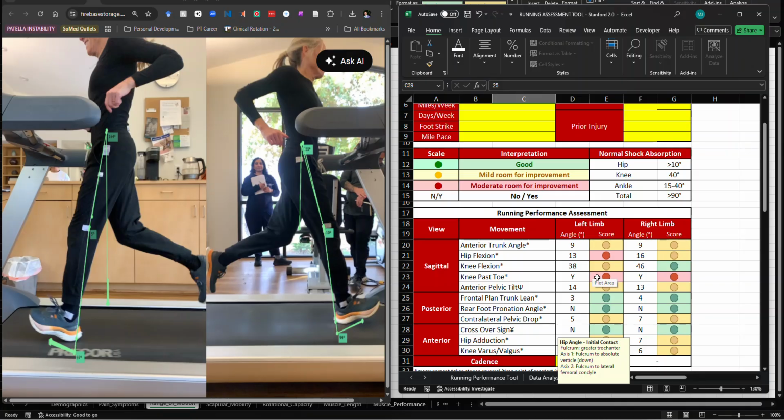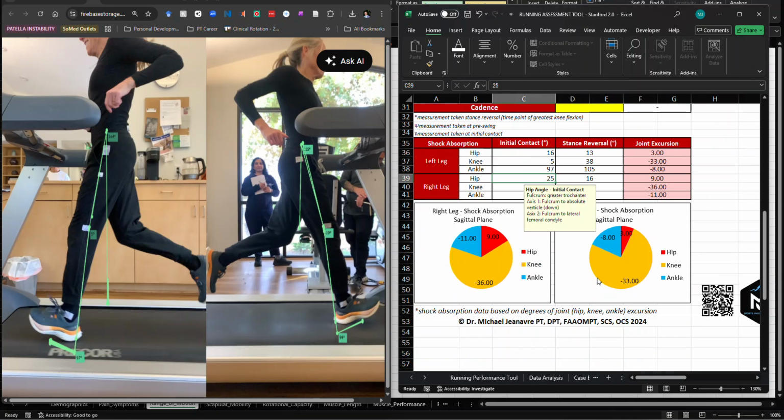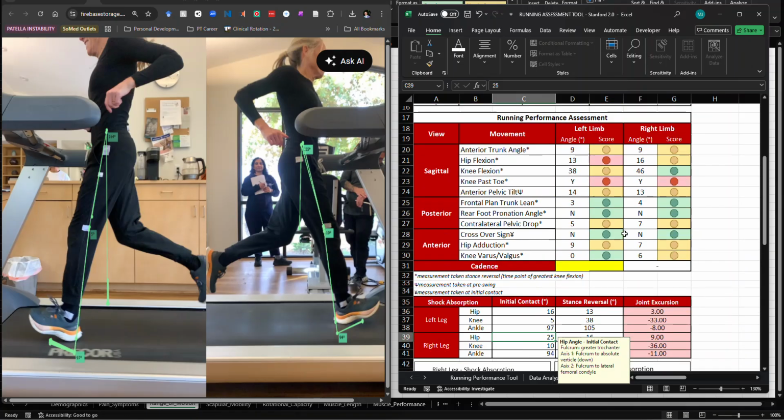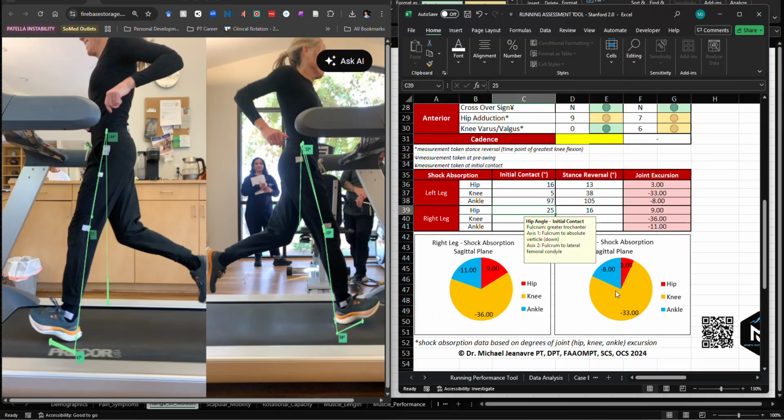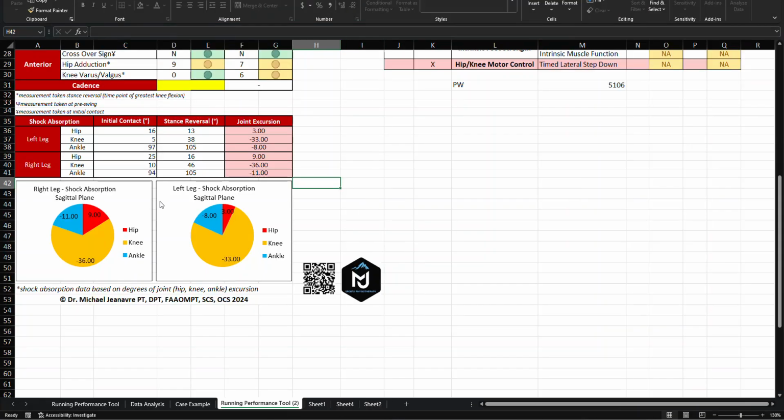I would be interested in looking at the strength of the major muscle groups on the left leg versus the right, given the lack of shock absorption and flexion angle, the joint excursions that we're seeing on the left side versus the right. I think that may help elucidate why things are landing a little bit stiffer and not absorbing shock as well on that left leg as compared to the right.